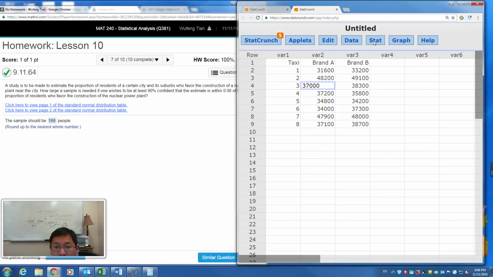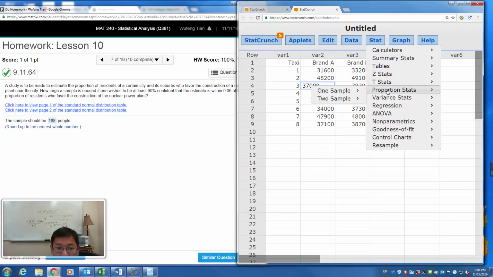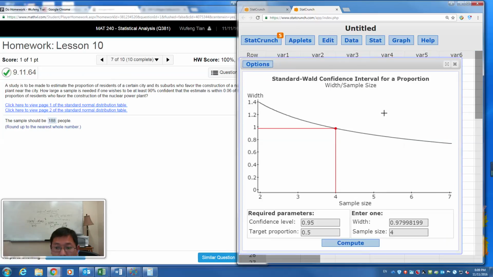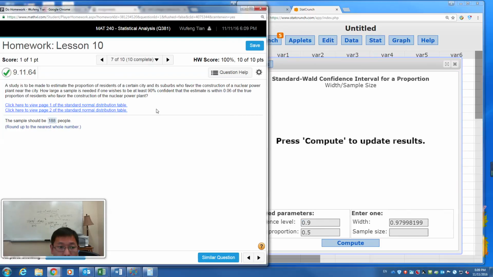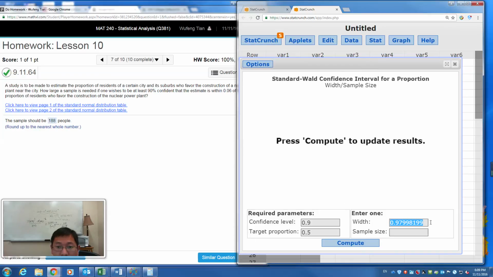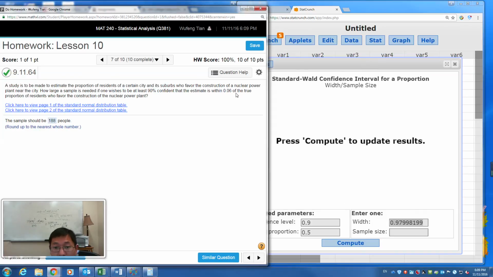Okay, so this one is a sample size, proportion sample size. What you need to do is proportion one sample size. What you need to do, confidence interval is 0.9, and the target proportion, it doesn't give you anything of the proportion, but what it only gives you is 0.06 of the true proportion.